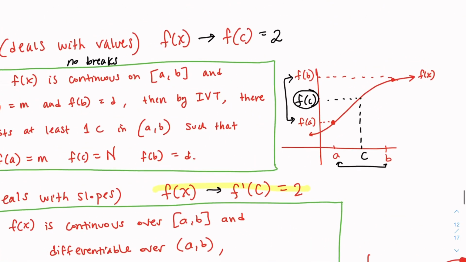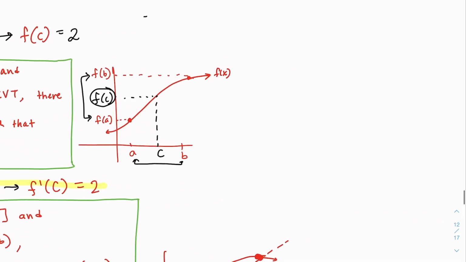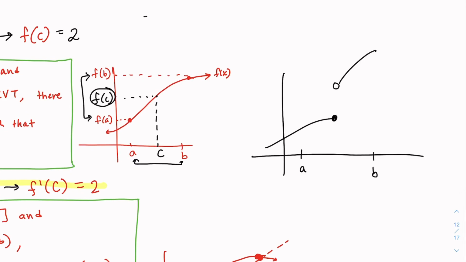And if we can show that, and we know this is continuous, then there has to be some c between a and b that makes f of c equal the value we're looking for. Now let's say the graph was not continuous. And let's say we're looking for f of c that equals 3.